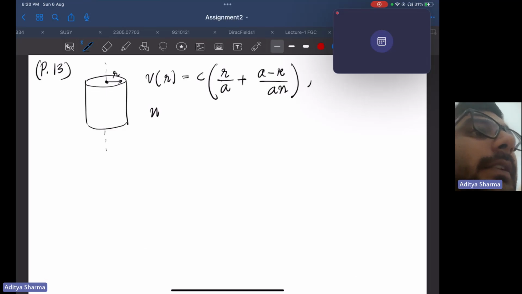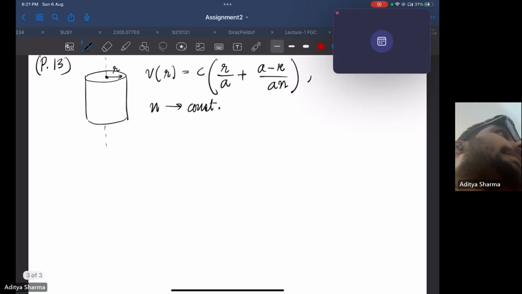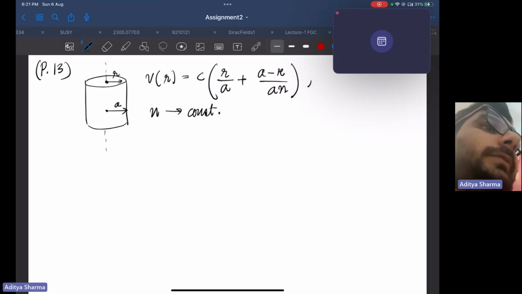And n is constant, and a is the radius of the cylinder. Now we have to find the path of the beam.